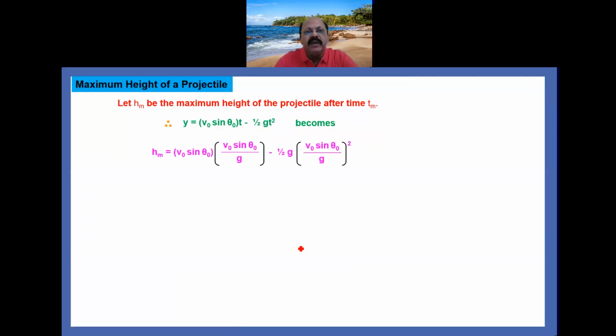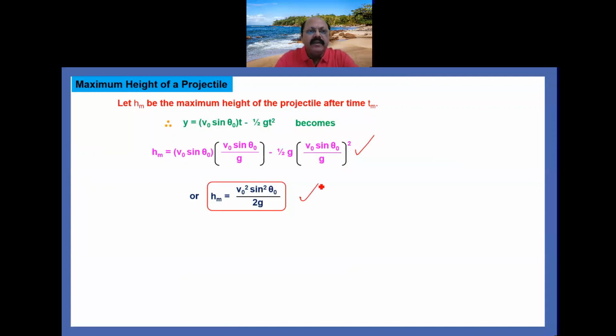Substitute the value of Tm, V naught sine theta naught upon g, and Tm square is V naught sine theta naught upon g whole square. Simplify it, then you will get Hm equal to V naught square sine square theta naught upon 2g. This is the formula for the maximum height.